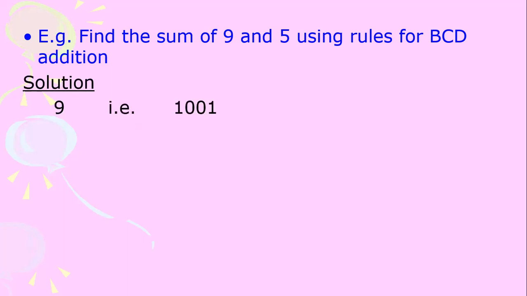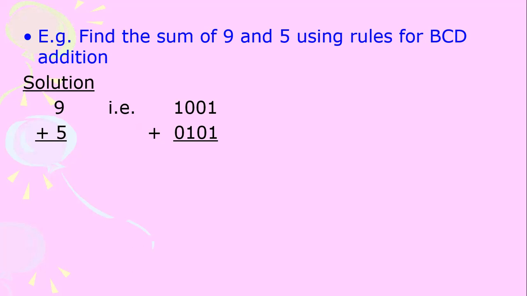Convert each of those numbers given to its equivalent binary. When you convert 9 to its equivalent binary, you get 1, 0, 0, 1. Then convert 5 to its equivalent binary, which gives us 1, 0, 1.